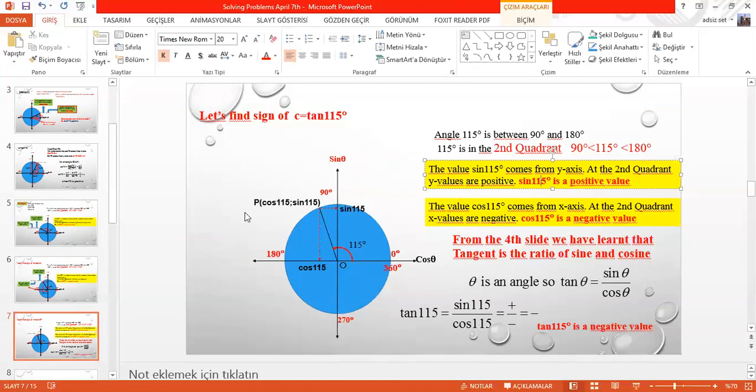Let's remember again, in that quadrant sine values come from Y, positive. Cosine values come from X, negative. Tangent values, the ratio of sine and cosine, are Y values, positive, divided by X values, negative, so always negative in the second quadrant. Tangent of an angle in the second quadrant is always negative. Thank you.